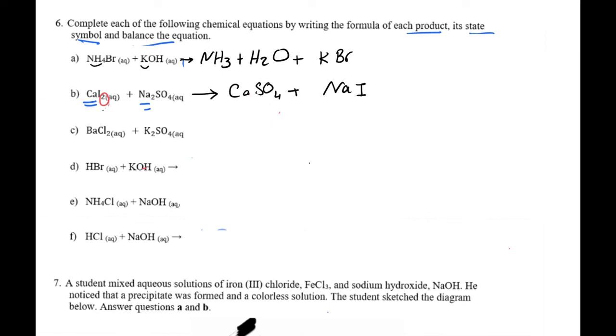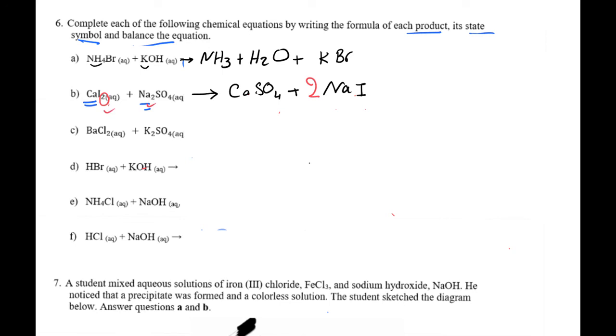Here also sodium is monovalent and iodine also is monovalent, so no subscript to be written. The final step is to balance the equation because I have 2 iodine, so I'm going to put 2 here, making sodium also 2, so now sodium and iodine are both balanced.